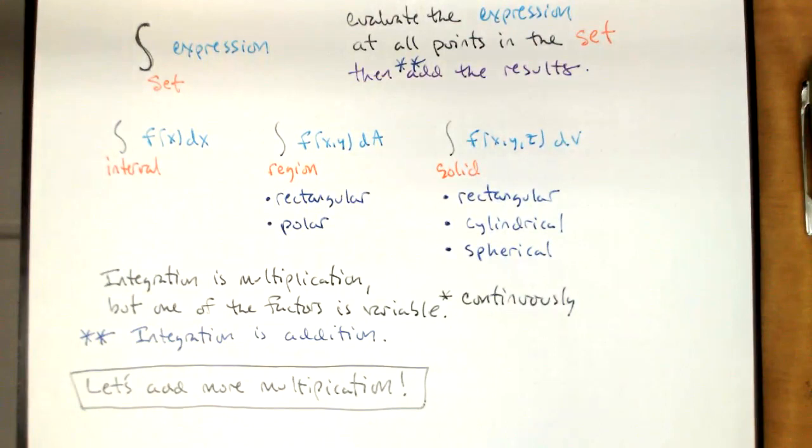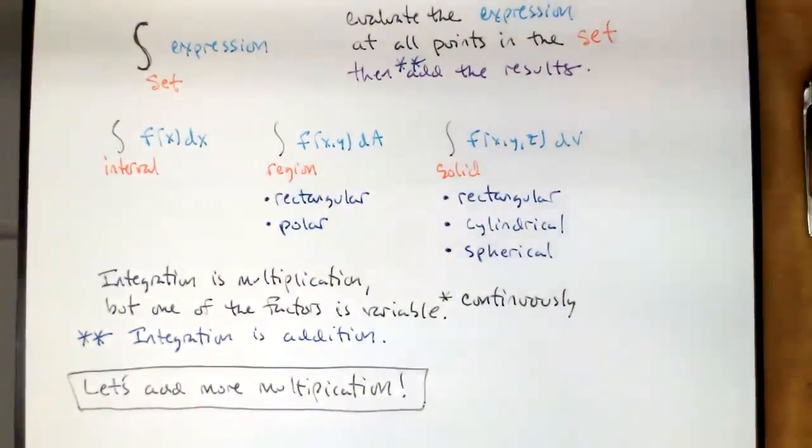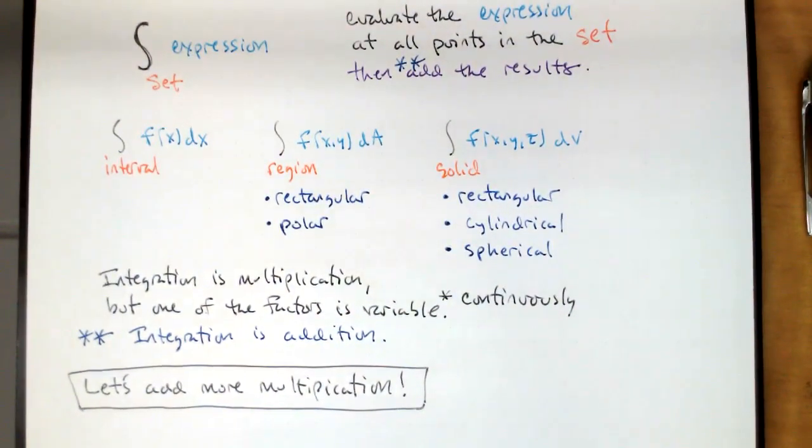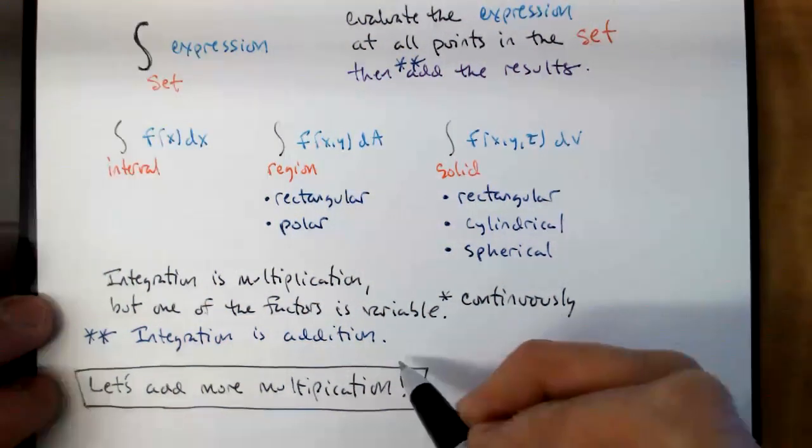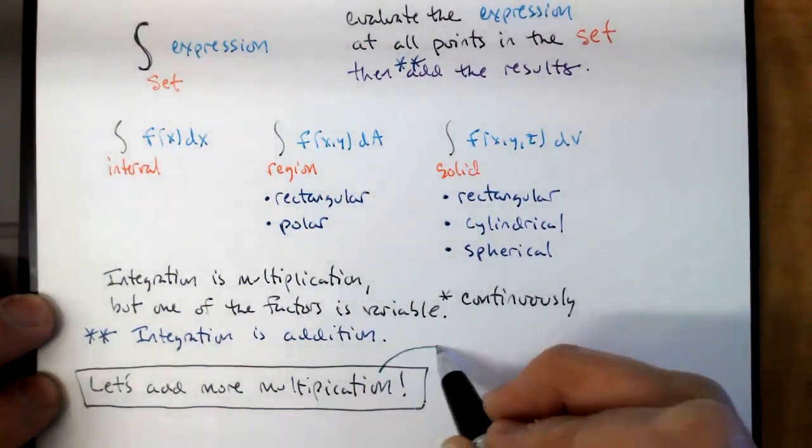So multiplication isn't the only multiplication that we have. Multiplication of scalars, multiplication of real numbers. Since I just called real numbers scalars, you can probably guess where this is headed. We're going to start including vector multiplication. So we have lots of kinds of multiplication.